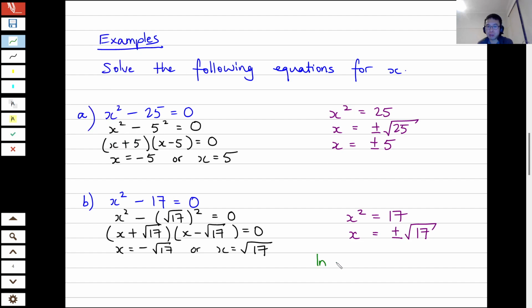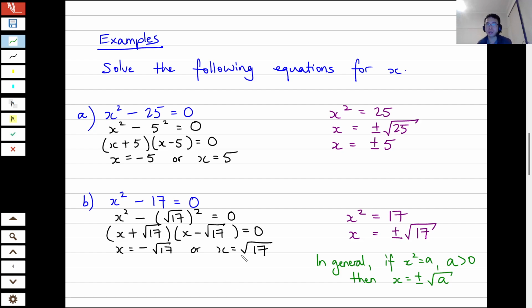So in general, if x squared equals a, where a is positive, then x equals plus or minus root a. When I write this symbol, square root, I mean the positive square root. So this is always going to give me a positive number. And therefore, if I want to include the negative solution, I need to write plus or minus.